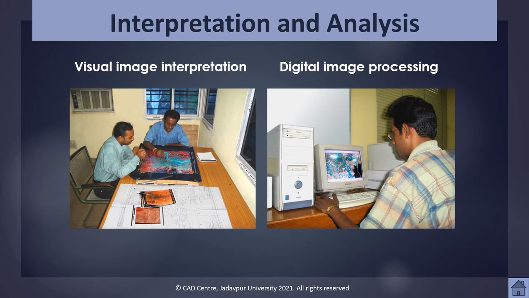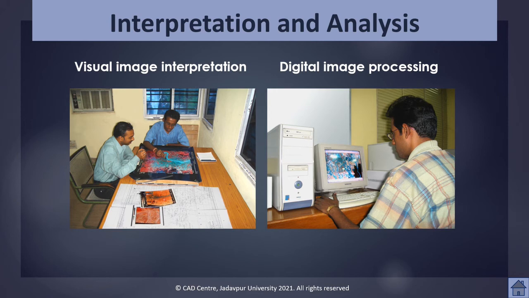Both analog and digital image data allow the analyst to perform scientific visualization, defined as visually exploring data and information in such a way that we can gain understanding and insight into the data.